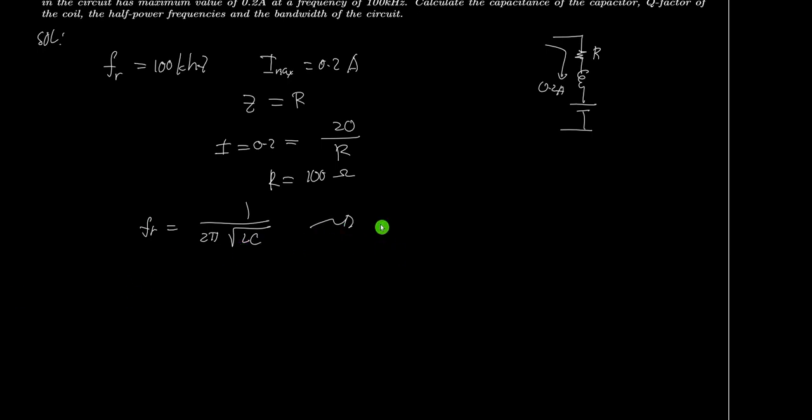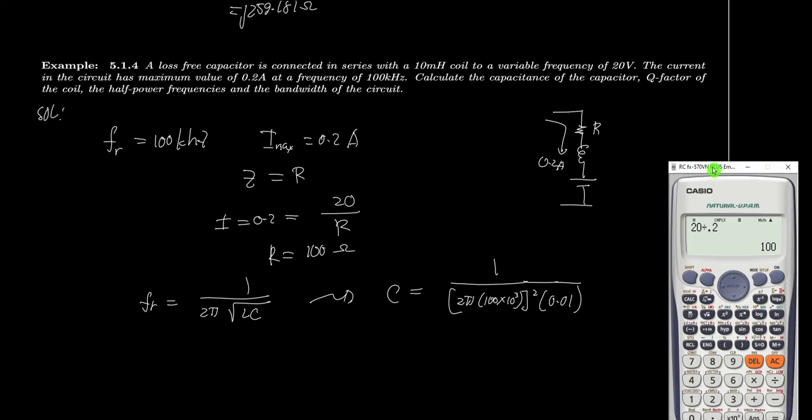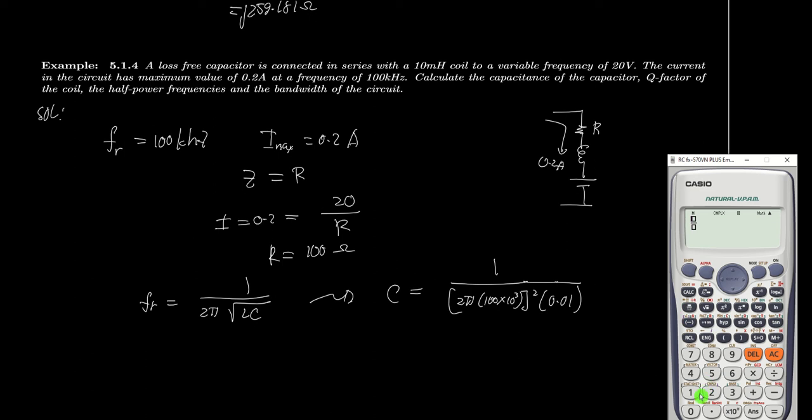So C now, the capacitance now will be equal to 1 all over, you square both sides, and this will be 2 pi times FR. FR is 100 times 10 to the 3, that's kilohertz. You square that, then you multiply it with the inductance, which is 10 millihenry, or that is 0.01 henry. And you solve that.